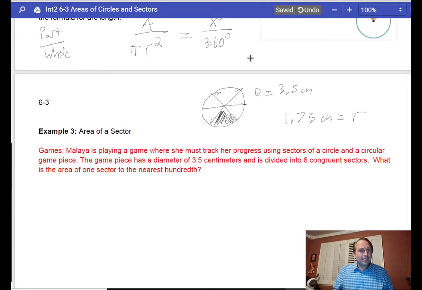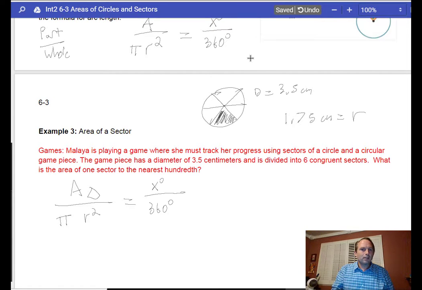All right, so let's take that. So pi r squared over the area of the sector is equal to the degrees divided by 360.